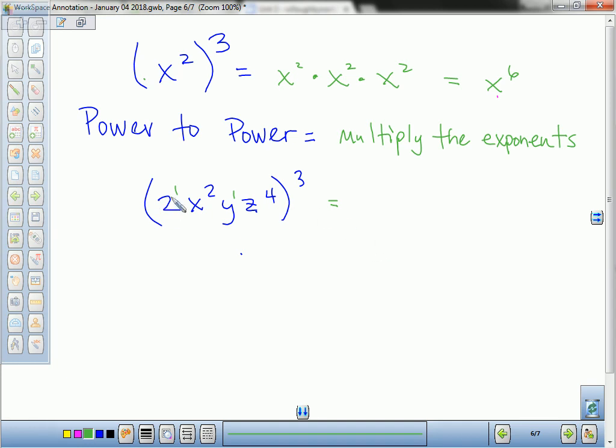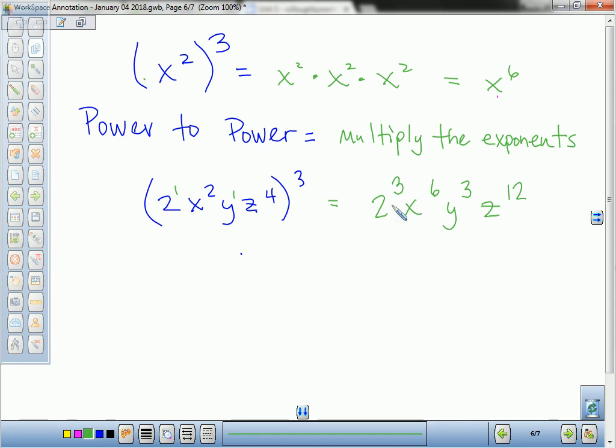So what it becomes is 2 to the 3rd. And then x to what power? The 6th. We're multiplying. And then y to what power? That's right, the third. And then z to the 12th.